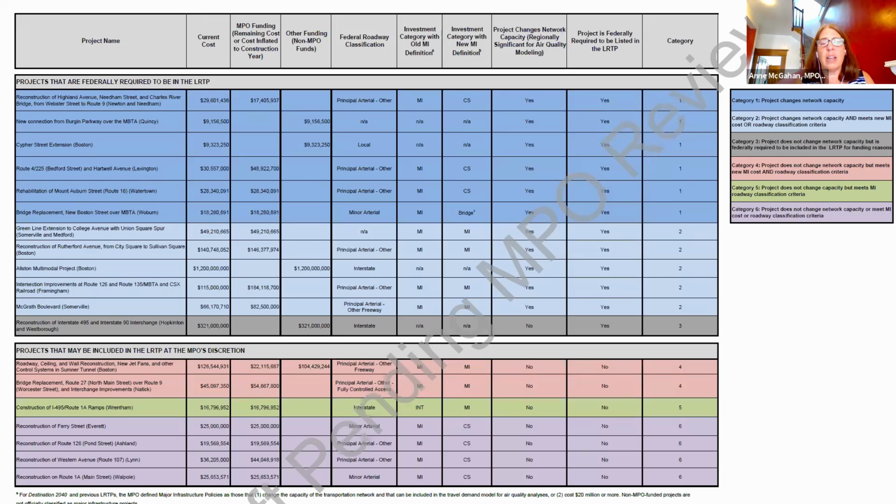So just to separate these two issues, the definition is used so that the MPO can program their projects and be subject to their funding goal of not spending more than 30% of our regional target funds on the major infrastructure projects that are part of the definition that they just adopted. So that's one, you put that aside, and then now it's like, what projects do we have to list in the long range plan based on federal guidance?